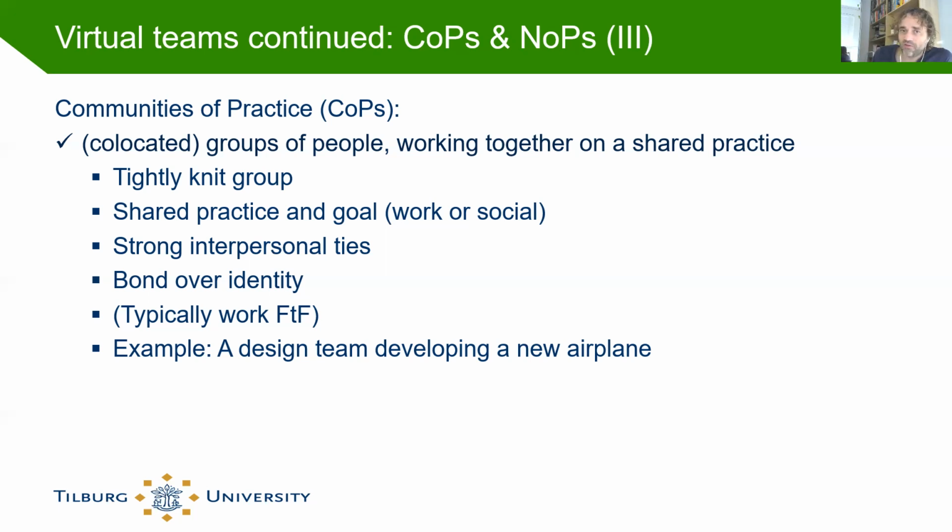They may work in the same building, or at least for the same organization, and they have a similar goal. So that's a community of practice. And for many larger projects in organizations, you see a virtual team like this. So not a tight-knit group of people, but a bit of a larger group.